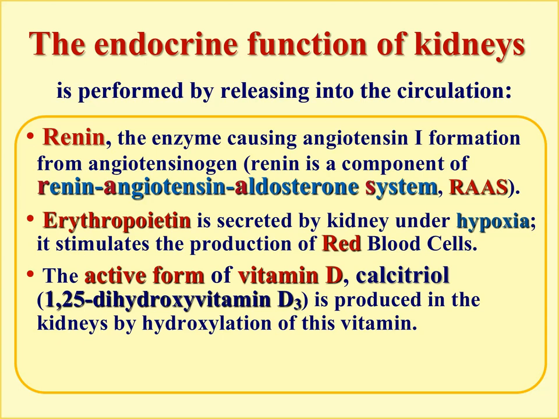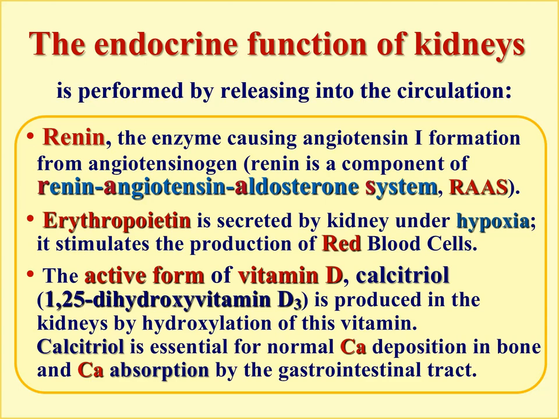This last hydroxylation in the first position occurs exactly in the kidney. So the active vitamin is formed in the kidney. And as you remember, this active form of vitamin is called the hormone calcitriol, which is essential for normal calcium deposition in bone, and also is the main factor that absorbs calcium in the gastrointestinal tract.